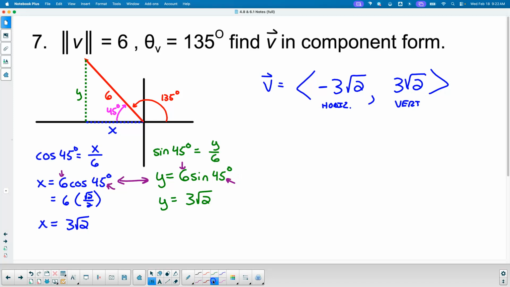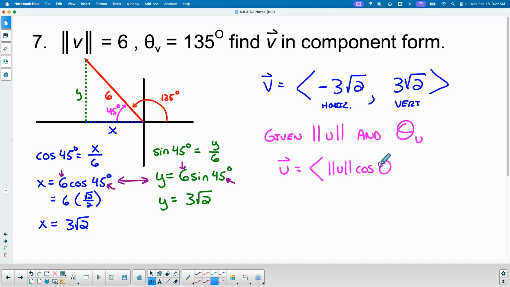So if you are given the magnitude of u and the direction angle of u, vector u in component form is the magnitude of u times the cosine of the direction angle, comma, the magnitude of u times the sine of the direction angle.